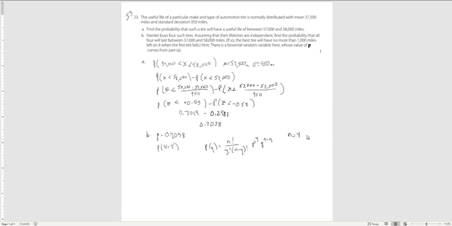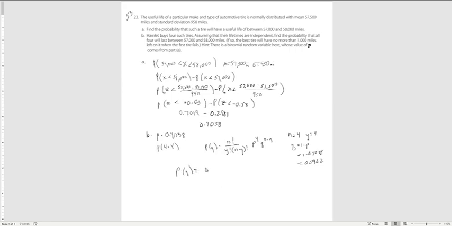And out of those trials, we're looking at having all 4 equal the values. So y equals 4. We're given p, and q equals 1 minus p, which is 1 minus 0.4038. So q is going to equal 0.5962.